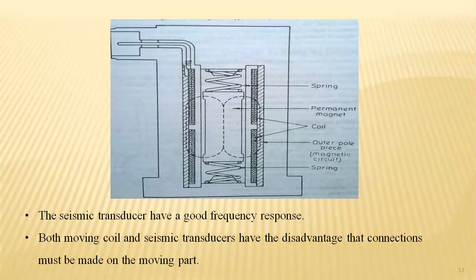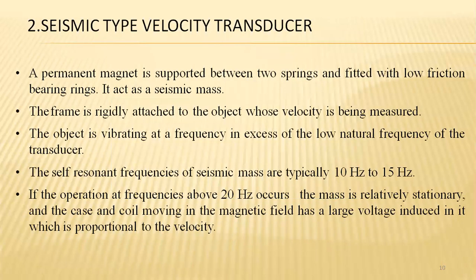The spring is fixed, and at the outer pole piece, the magnetic circuit is connected, and the permanent magnet is connected for its fluctuations or damping factors. Here, the frame is rigidly attached to the object, and whatever speed is achieved is measured in the form of velocity.